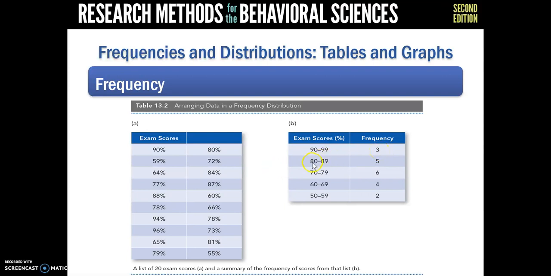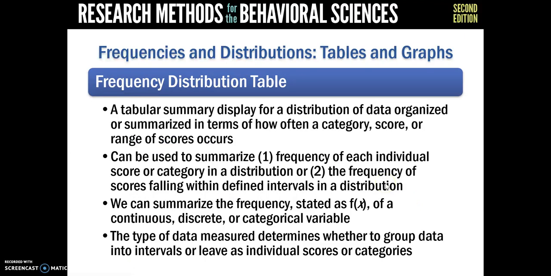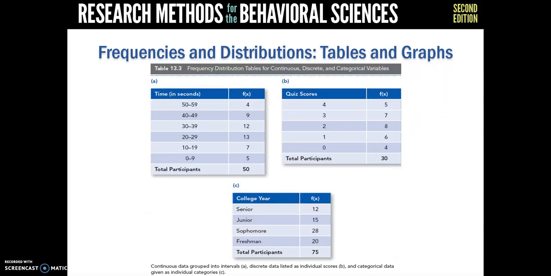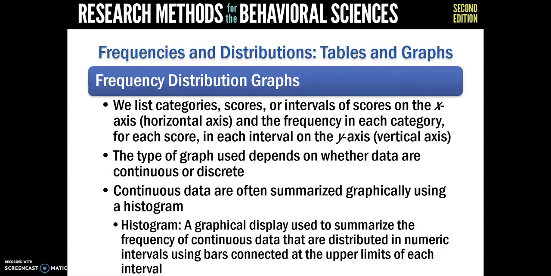How many people are between 80 and 89? It's 5 people, and so on. 70 to 79, that's 6 people. So you could put this in a graph format as well. Those are what we call frequency distribution tables, looking at how often things occur.